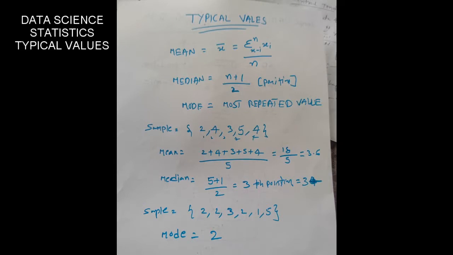Then in this type of case, we can utilize median. Median is n plus 1 by 2, right? We have 10 people, so 10 plus 1 by 2, that means 11 by 2, which is 5.5.